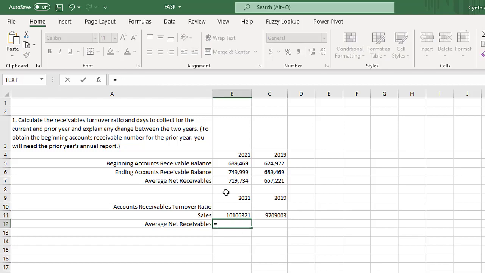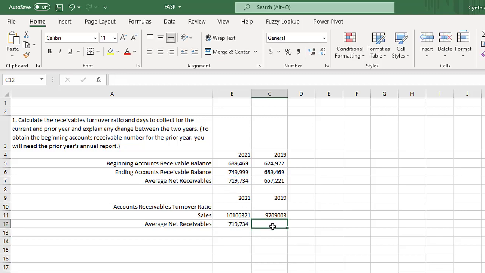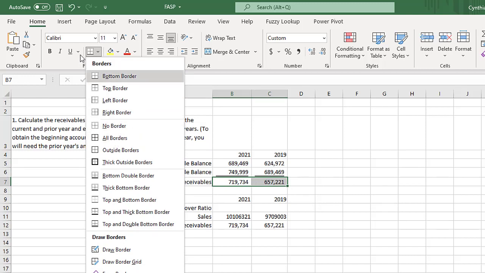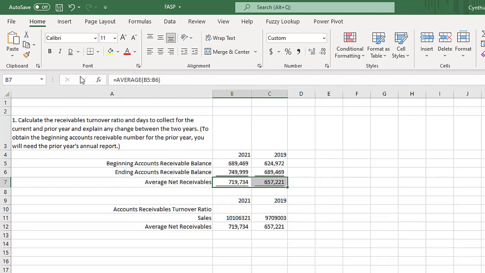Now I'm just going to go equal to my average net receivables right above, and draw my line. Actually, I can draw my line here too, just to make it defined. Underline, double.